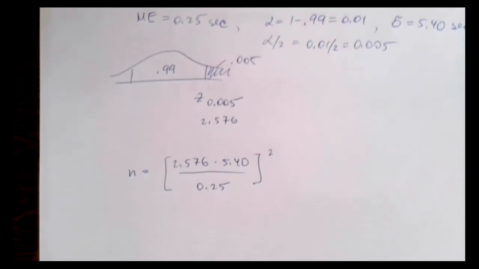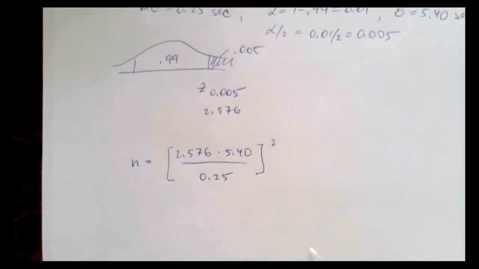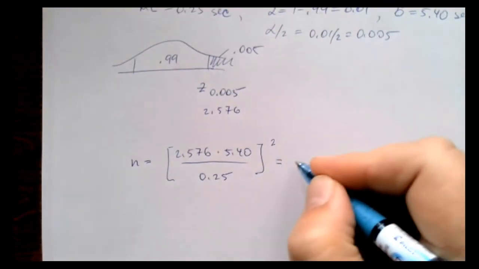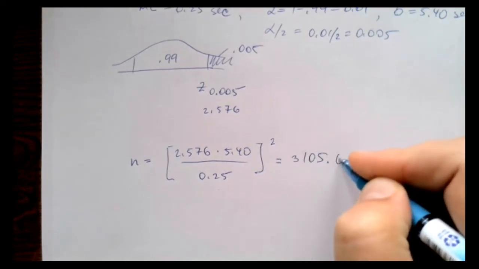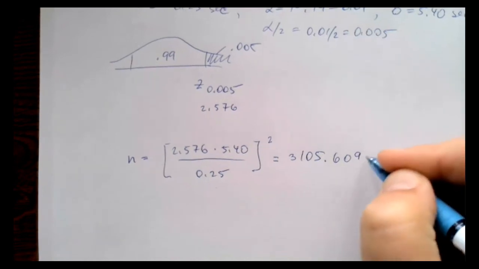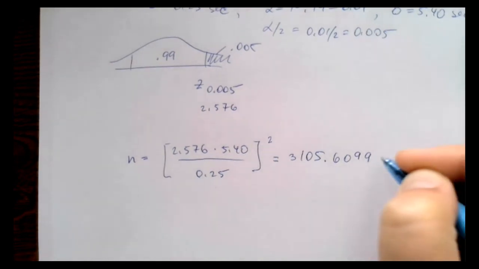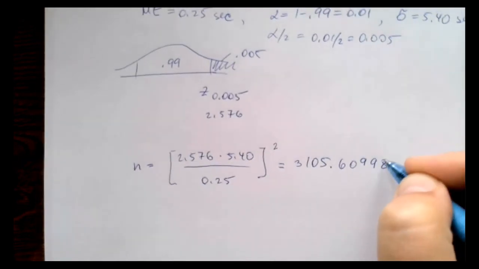When we put all of it into our calculator, we're going to get 3,105.609984.